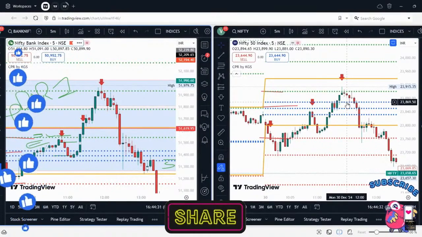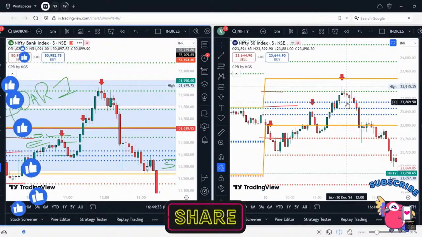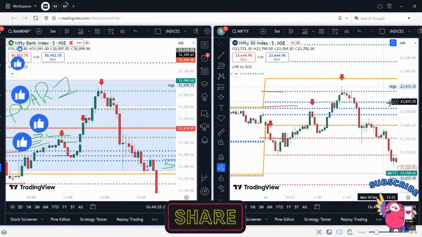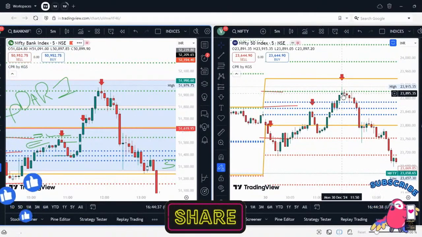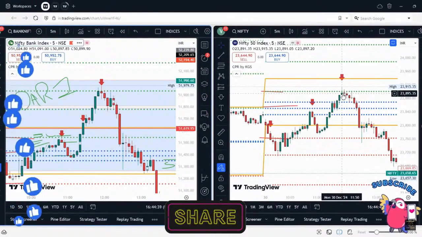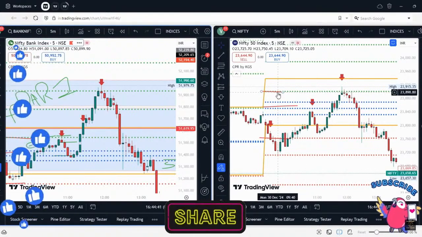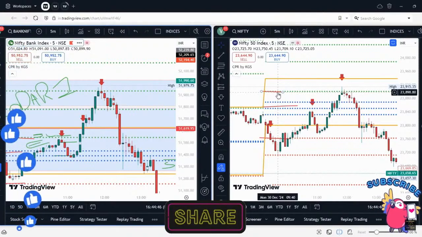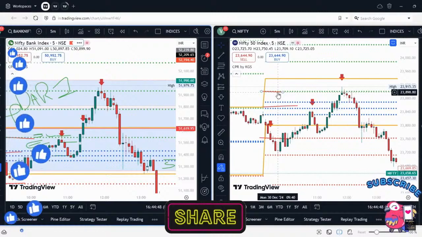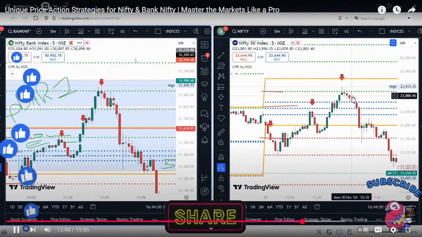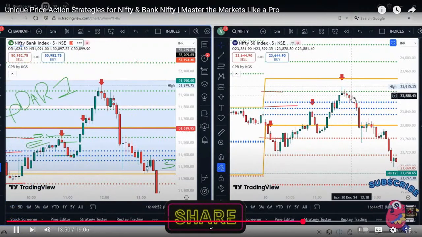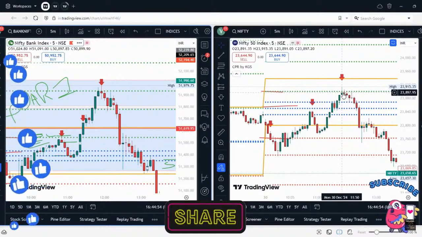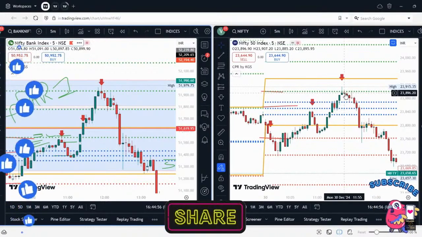So what I would do in the live market is, I am very interested in taking the trade in Nifty. Why? Because these are my highly profitable trade locations. Okay, this is how I do the trading. You can see the best opportunity in Nifty here is this candle, the 10:55 candle.